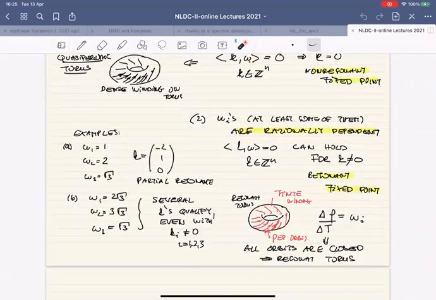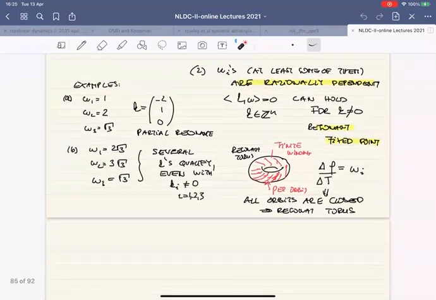If however, at least some of them are dependent, then you will find non-trivial integer combinations that vanish. And in that case, you will not have a dense orbit, and you can have two different behaviors.